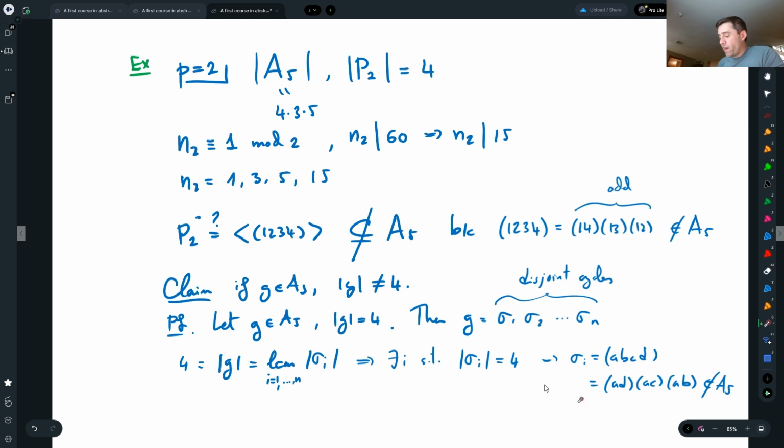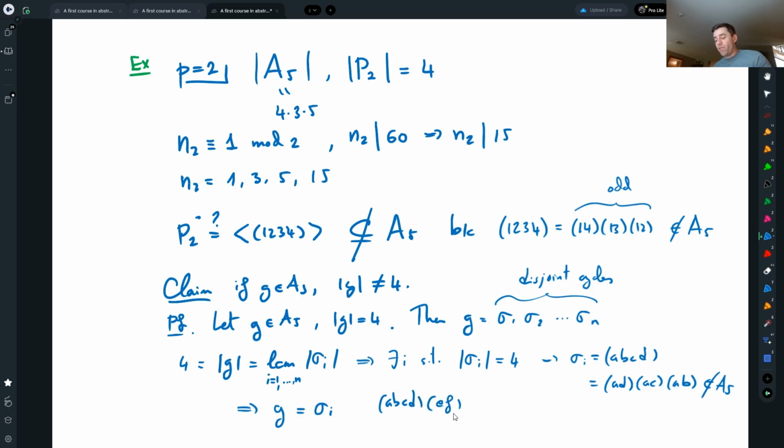But if one of them has already 4 letters in it, it has to imply that g itself is that sigma i, because if there was any other cycle, say here (a b c d) and then some other cycle (e f), I only have 5 letters, so this would not be disjoint, right?